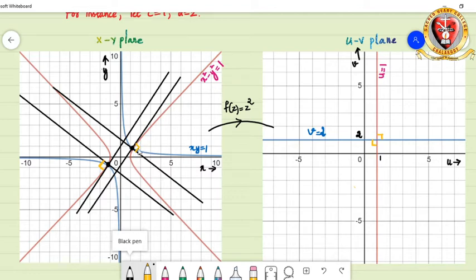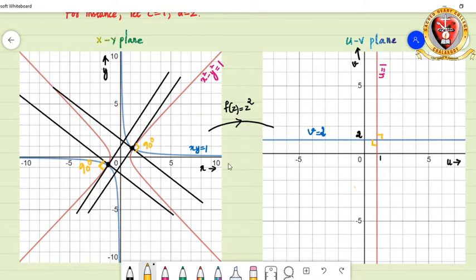You should draw the tangents at those points for each of the curves. When we are drawing the tangent for this, you'll be getting the tangent here, and the tangent for xy is equal to 1 here, and when they are intersecting, we are getting the intersecting angle to be 90 degrees. Here also, x square minus y square is equal to 1 and xy is equal to 1 intersect at this point, and drawing the tangents at that point on these curves, here also you are going to get 90 degrees. Okay, this is one fine observation you get from here.